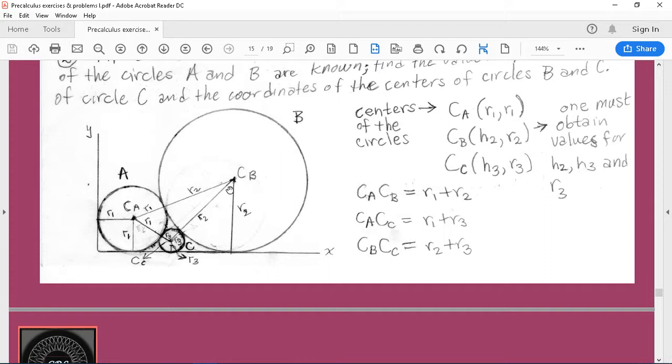From the figure, we can see that the segment CACB has a length which is simply equal to the sum of R1 and R2. So CACB equals R1 plus R2.